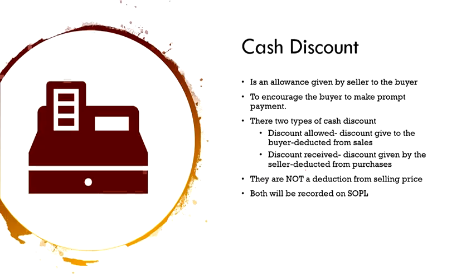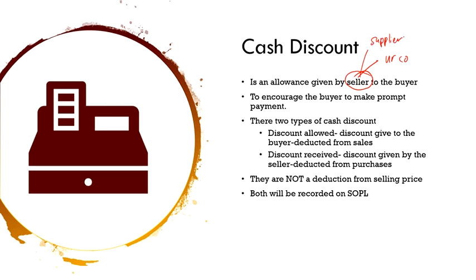Okay, so now let's go to the cash discount. Cash discount is an allowance given by seller to the buyer. Okay, seller here, you must remember there are two types of seller, which mean it can be your company itself, or your supplier.